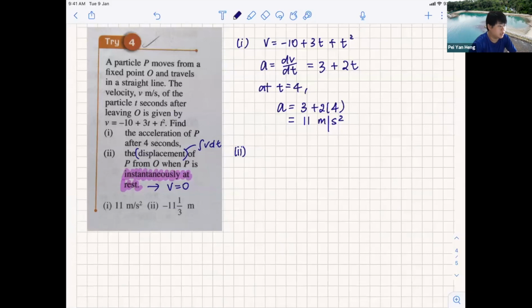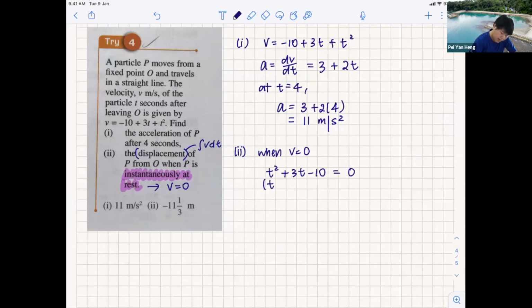So when v equals 0, we will start with v equals 0 first to find out at which time P is at rest. So let's just rearrange it: t squared plus 3t minus 10 equals 0.